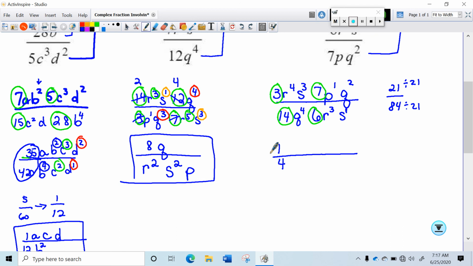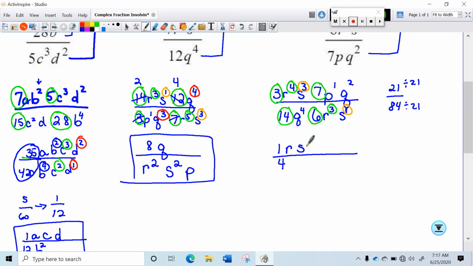Okay, now for the letters. I just start and work my way through whatever they have listed here. So for my r's, I have 4 and 3. So the biggest r is on the top, so I put my r on the top, and then 4 take away 3 is 1. For my s's, I have 3 and 1. The biggest one's on the top, so my s stays on the top.